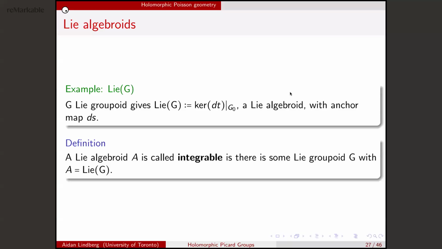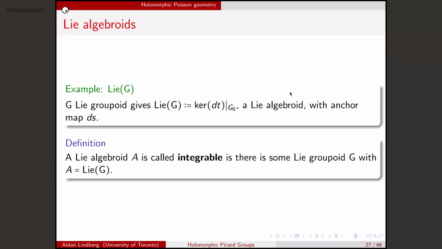which as a vector bundle, I look at all of the vector fields on the space of arrows which are tangent to these target fibers. Sorry, I said anchor map. So I look at vector fields which are tangent to the target map, and then I just restrict those to the space of objects. The details of this aren't super important.